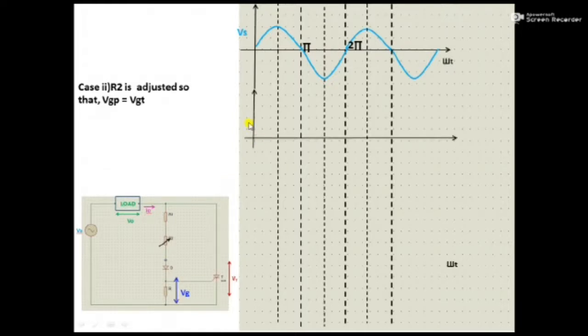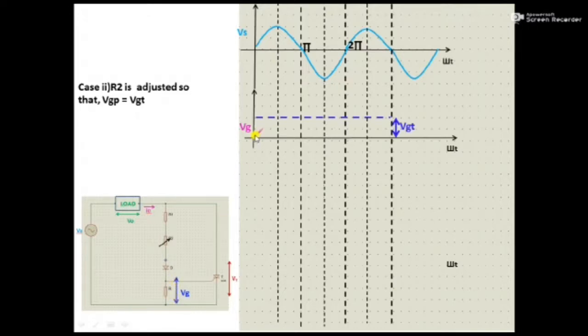Now here, this is your Vg with respect to omega t. This is your VGT, which is the gate triggering voltage. This amplitude is VGT. Now you see here, this value of resistance is adjusted in such a way that the voltage drop across R is large.